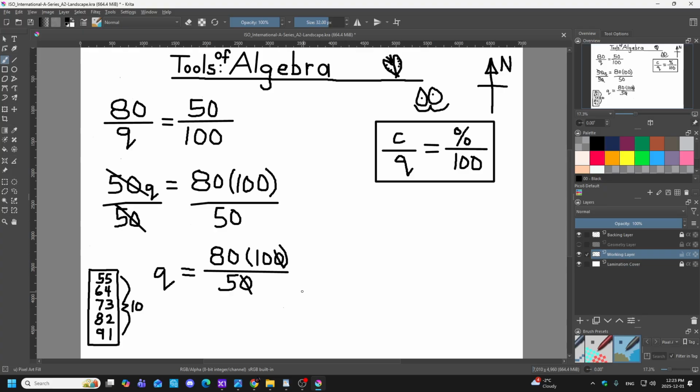All right, bringing the work up to here, Q equals, what do we have? 80 times 10. I'm just showing all the work so you can clearly see, all divided by 5.